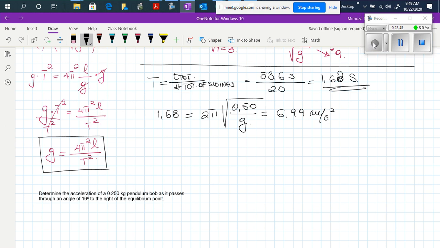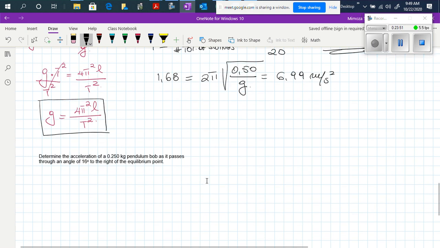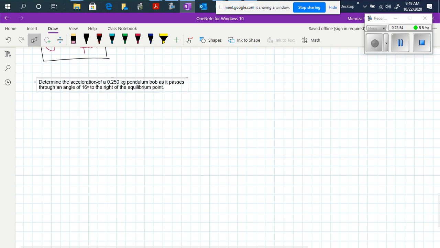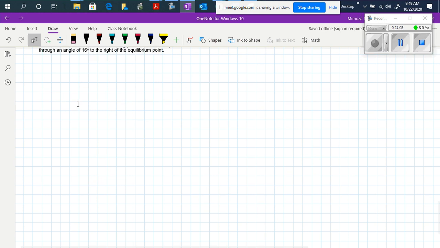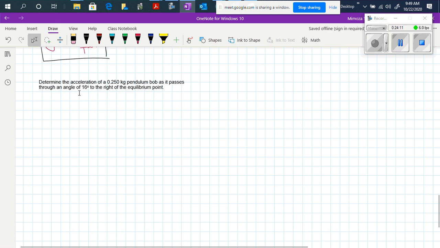Okay, so now let's see another question in which we are finding the acceleration of the pendulum when it is 16 degrees to the right of the equilibrium position. So we have a pendulum here, let's draw the situation. We have a pendulum whose equilibrium position is somewhere in here.